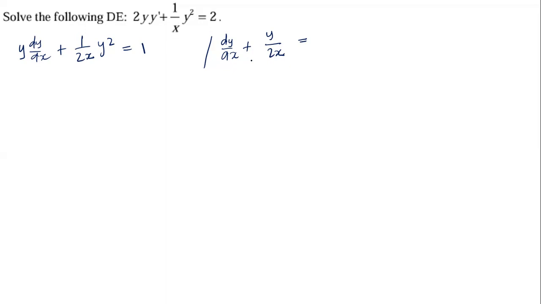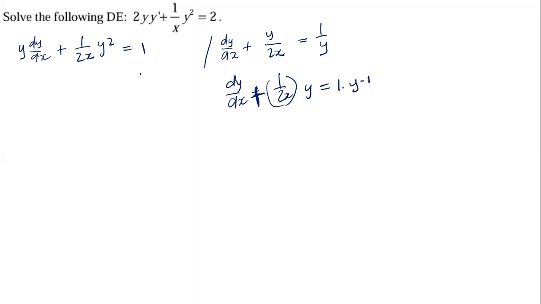I'm going to have 1 over y. And therefore, we can see that this is dy over dx plus 1 over 2x, okay? This is my y and this is my p, is equal to 1 multiplied by y to the power of -1.